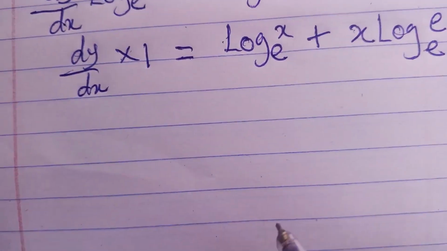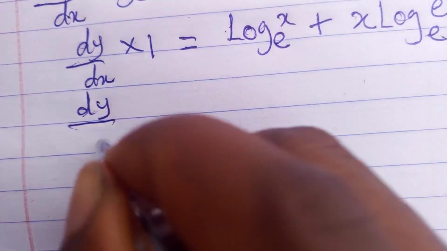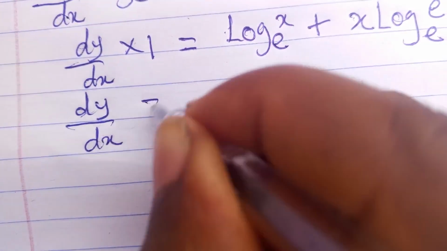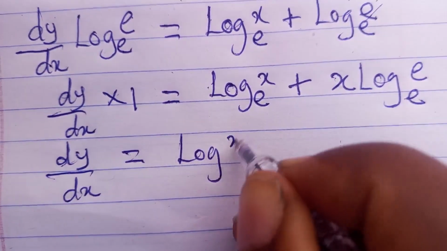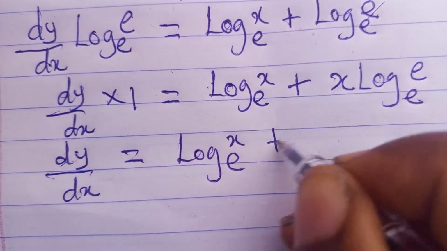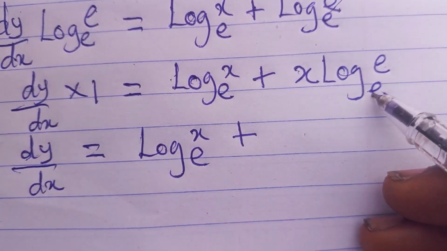So we're going to have dy/dx times 1 is dy/dx, which equals log x base e plus log e base e, which is 1 from the laws of logarithm.